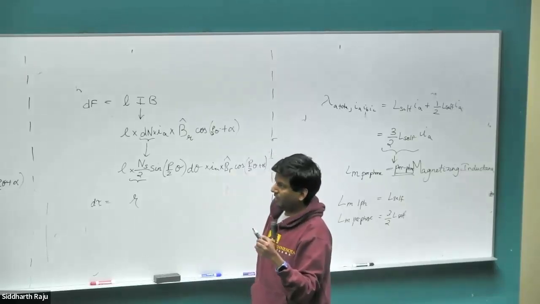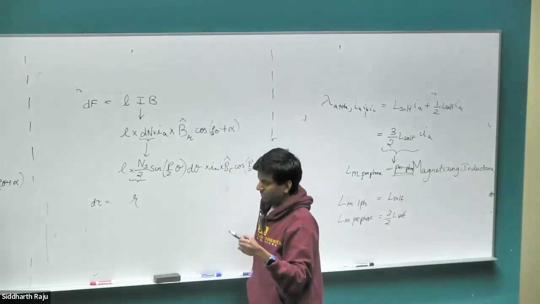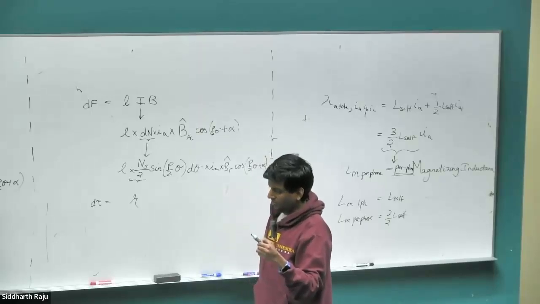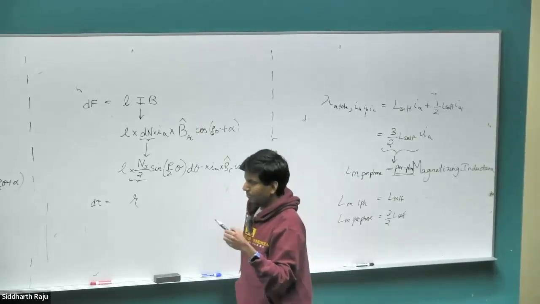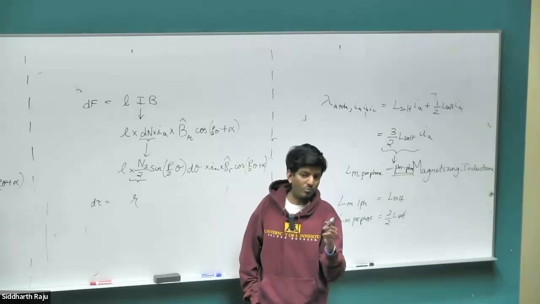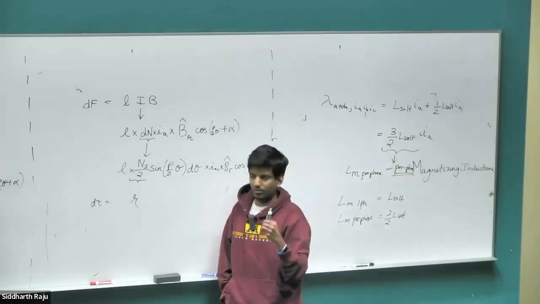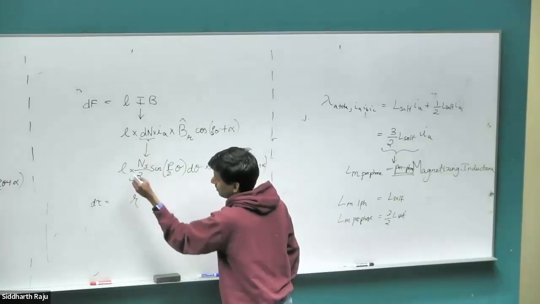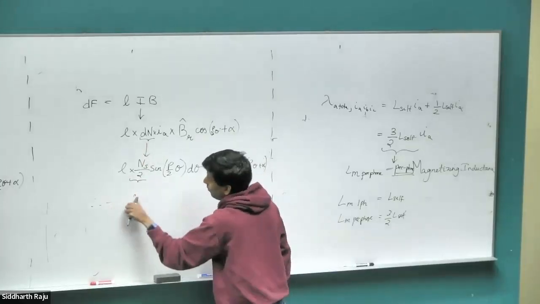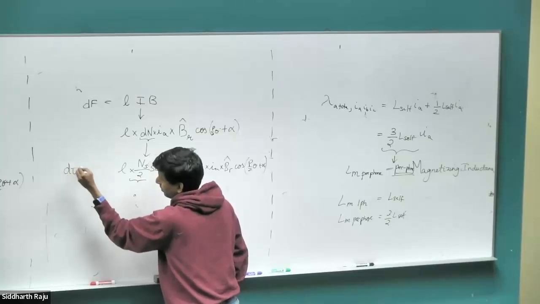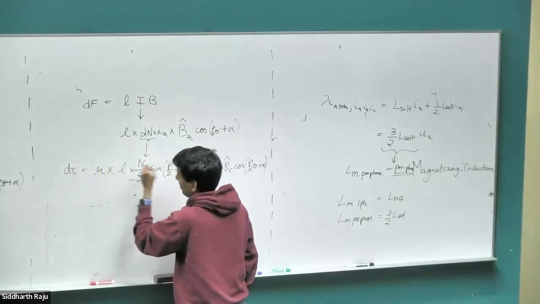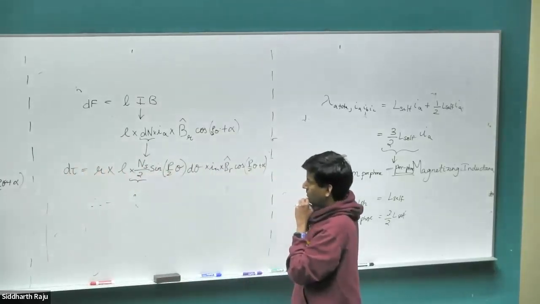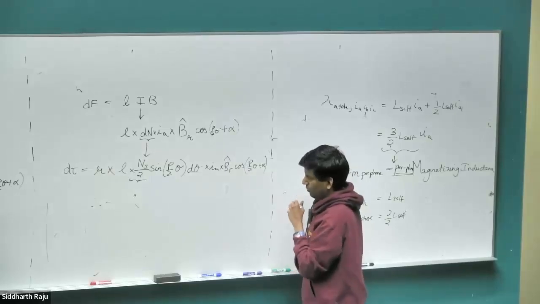The rotor radius in the homework that I gave you is, I think, 50 centimeters or something, or it might be slightly lower, 10 centimeters or something, while the air gap length is, I think, 1 millimeter. So it's orders of magnitude lower that you can just assume it to be just R across the system times this whole expression that I had here. So d tau is going to be R times L times Ns by 2 times sine of p by 2 theta, and so on and so forth.